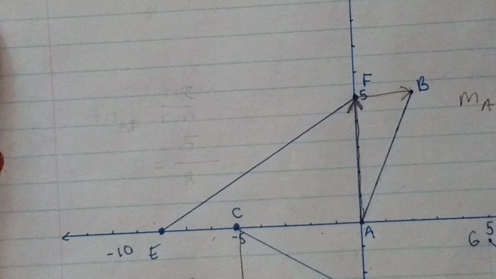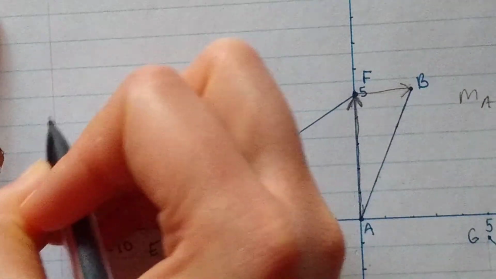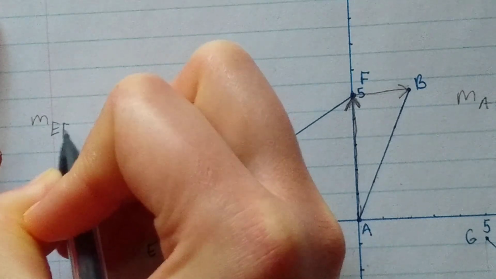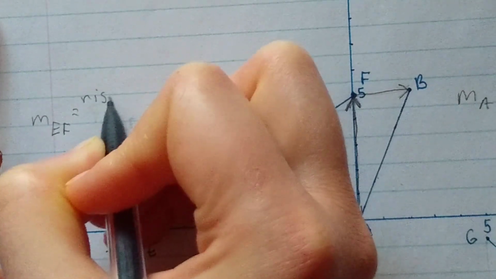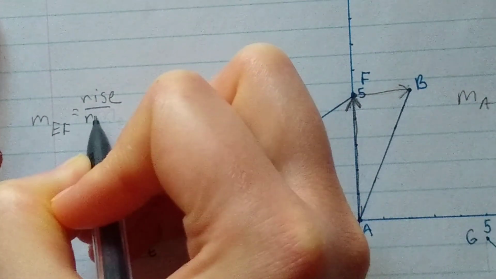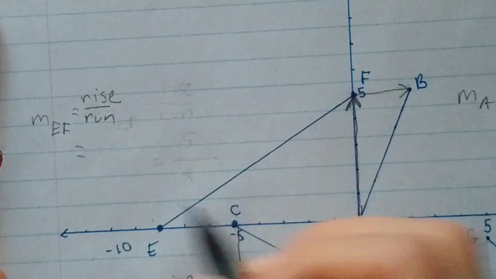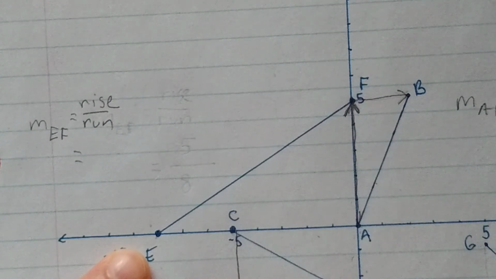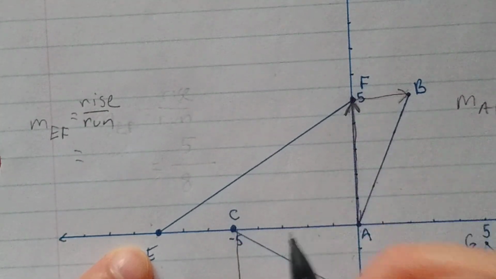Okay, let's look at E and F. So the slope here of E and F, as usual, is rise over run. So let's look at the rise first. If you start at E and you want to get to F, rise is either up or down. We have to go up because F is higher.